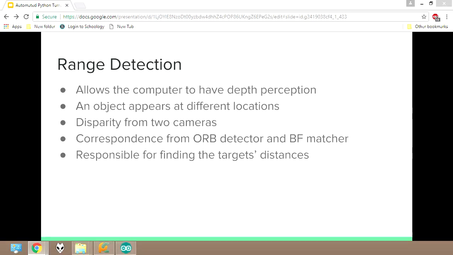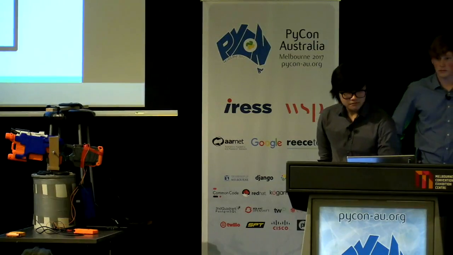According to computer vision terminology, this difference is called disparity. To find the disparity, the corresponding 3D point has to be found on both images. This will be done using the ORB detector and BF matcher from the OpenCV library. This technique is responsible for finding the targets' distances to allow the turret to shoot the closest target.